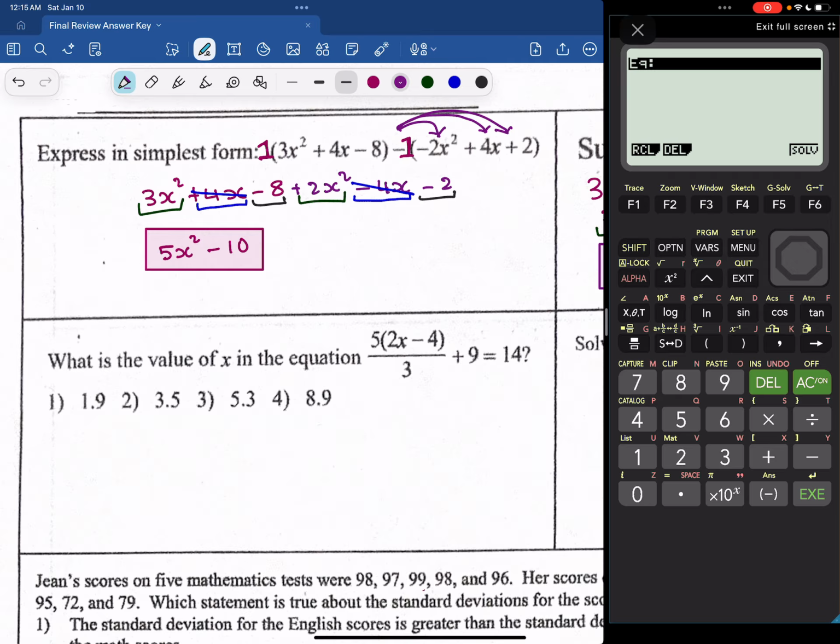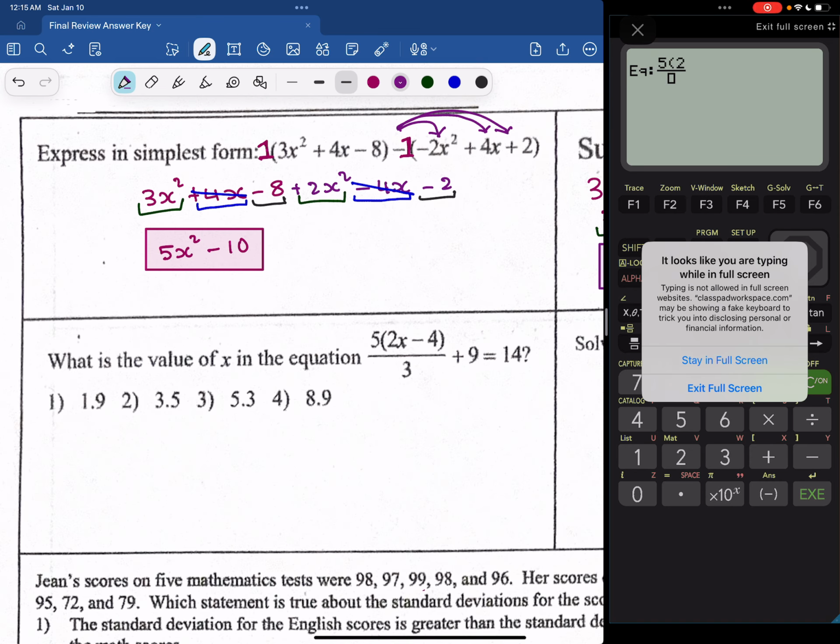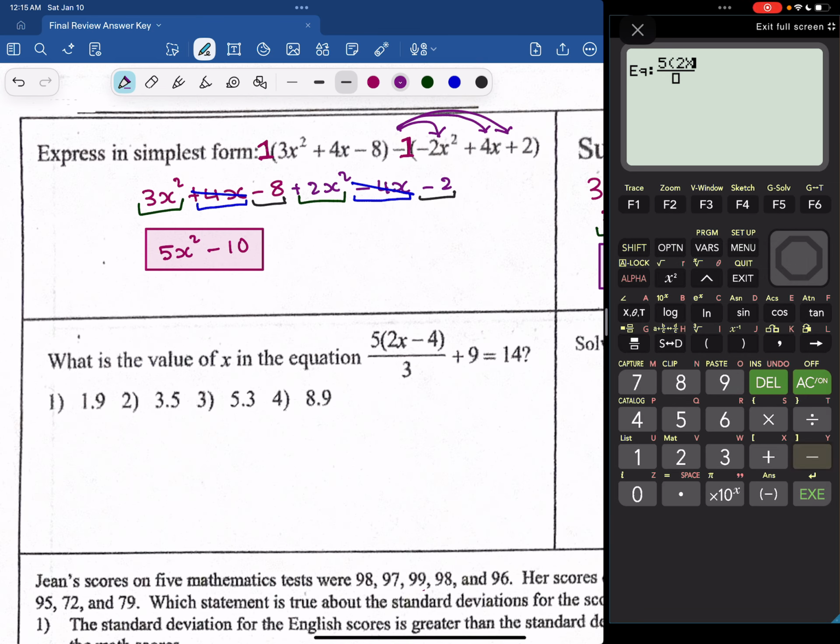And then we're going to enter in that equation. So we're going to put the fraction, and we're going to have 5 parentheses 2x minus 4 over 3 plus 9 is equal to 14.